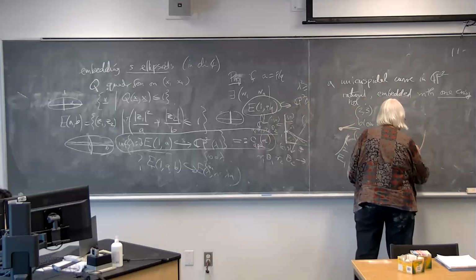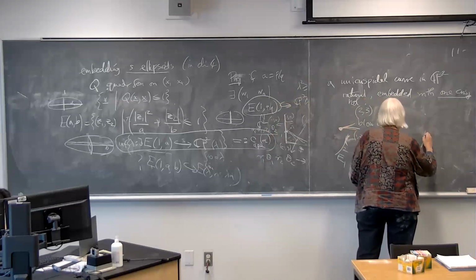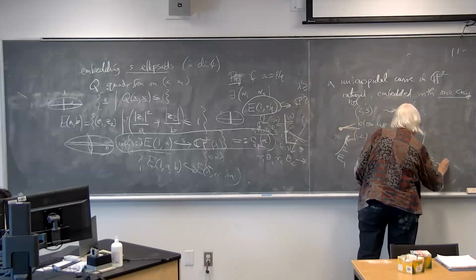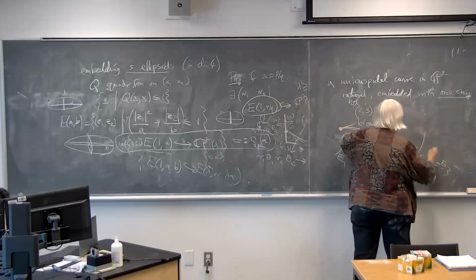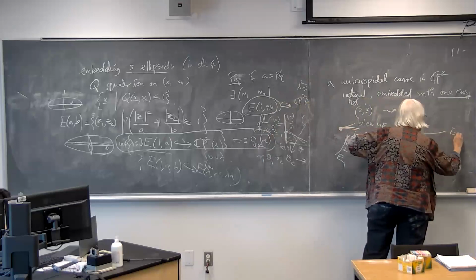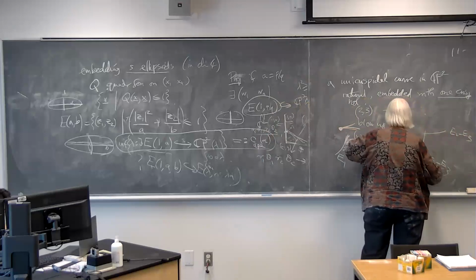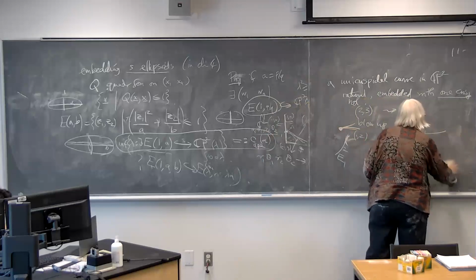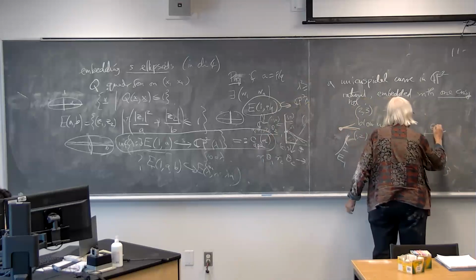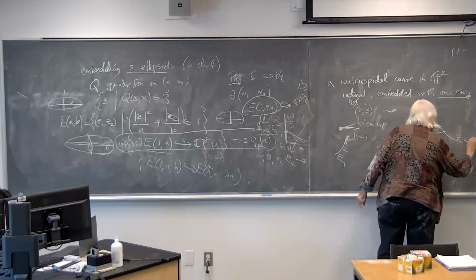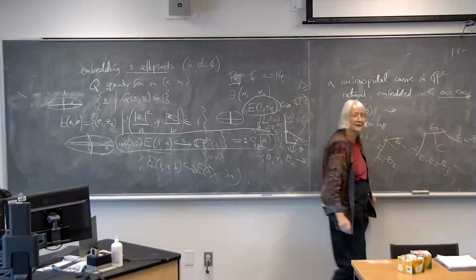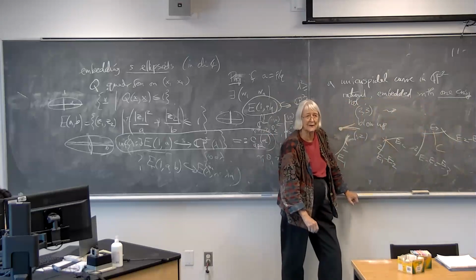This is E1 minus E2 minus E3 now, because you're blowing up at a point on it. This is E2 minus E3. Oh, sorry, that doesn't intersect anymore. This is E3. This is E2 minus E3. And here is our curve. Now finally, that's a resolved curve, right?